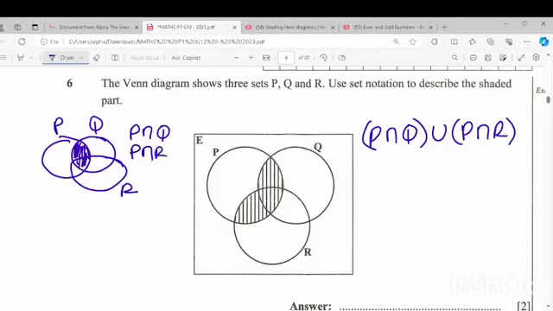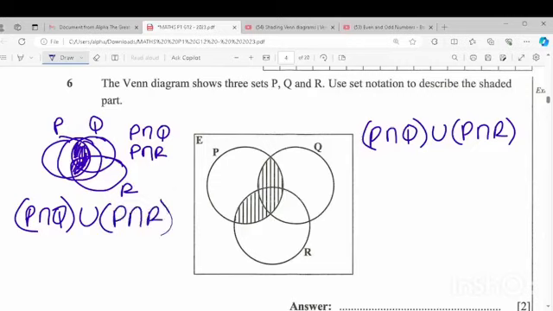P intersect R is this part here. Now, if we say P intersect Q, then the union, if we say union of two or more sets, it means all those elements that are making those sets. So we are combining the intersections. So P intersect Q union P intersect R. That's how this was arrived at.